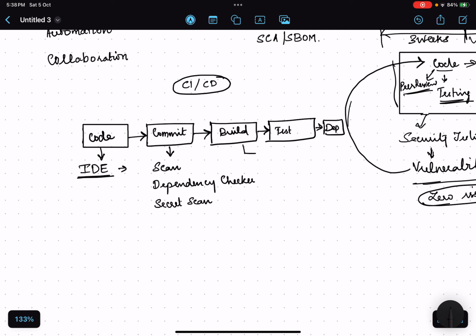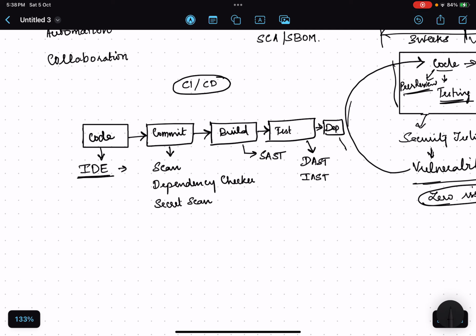And then at the build stage, we are going to do SAST. It can be done on the raw source code, or on the build code. During the testing stage, probably in an environment where the deployment has happened, like a pre-prod environment, I am going to introduce either DAST or in some cases IAST as well.